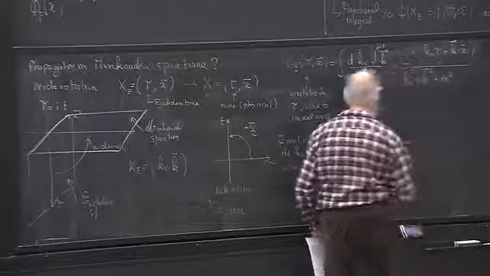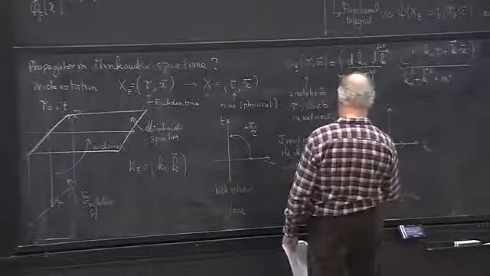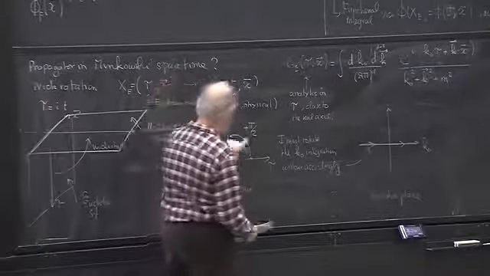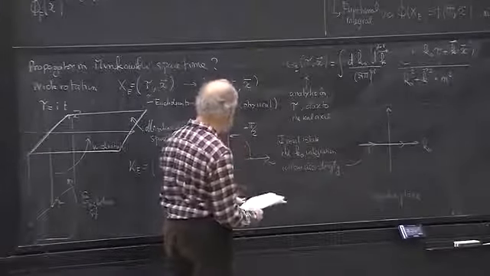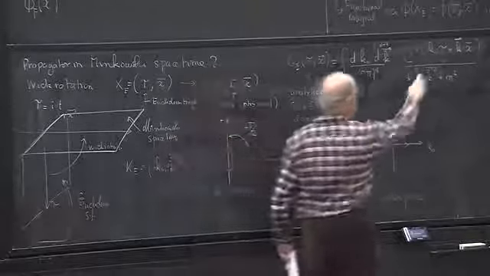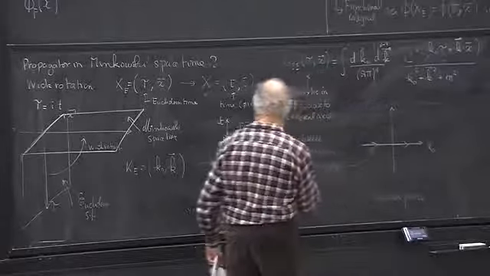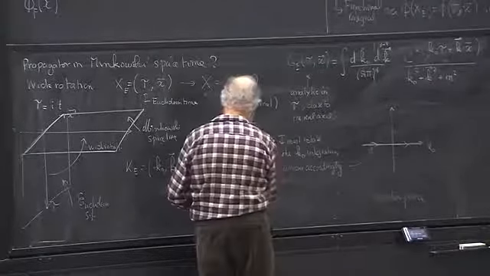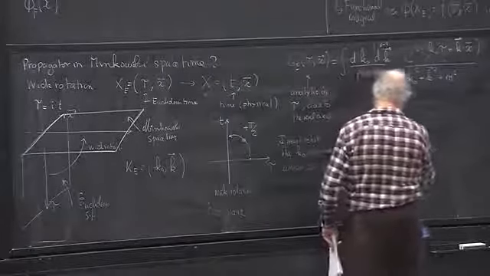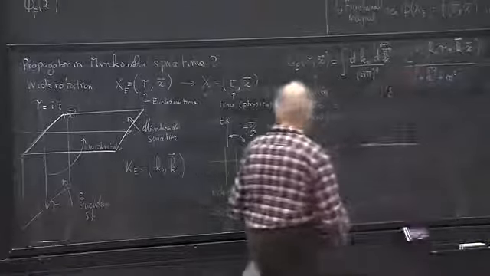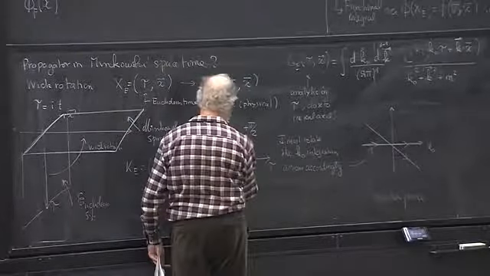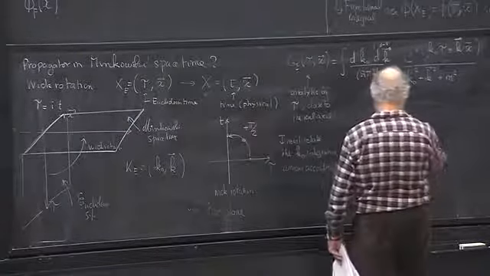So this is my contour of integration over k naught. But when I make a Wick rotation of tau, I must change the contour of integration over k naught in order for this phase to stay real. So when I choose a k naught somewhere here, it's clear that I must choose a path of integration which is something like that. And when I end up here, my contour of integration is something like that.